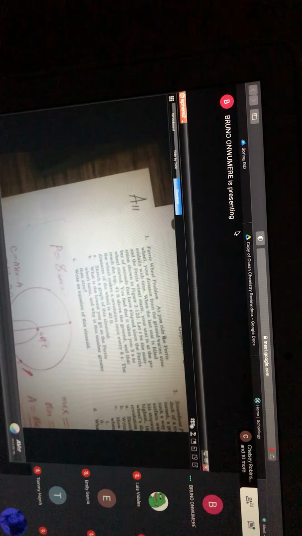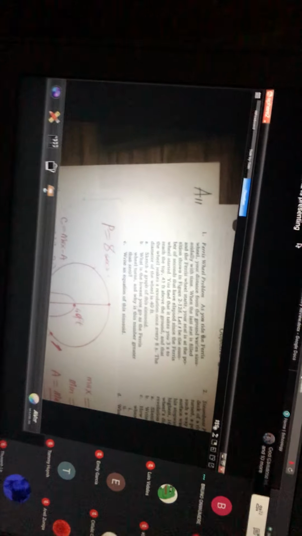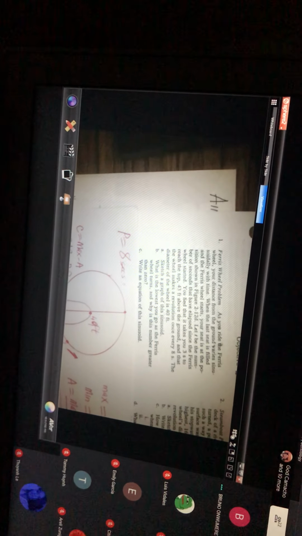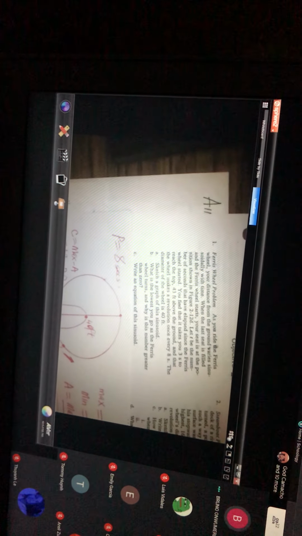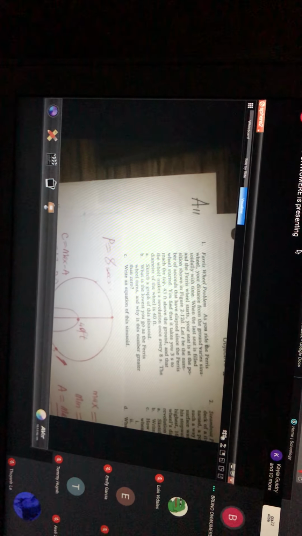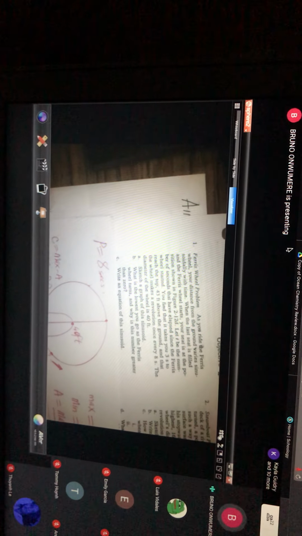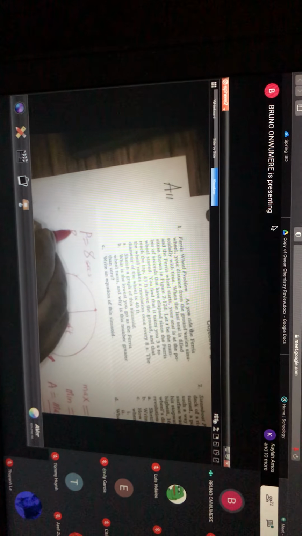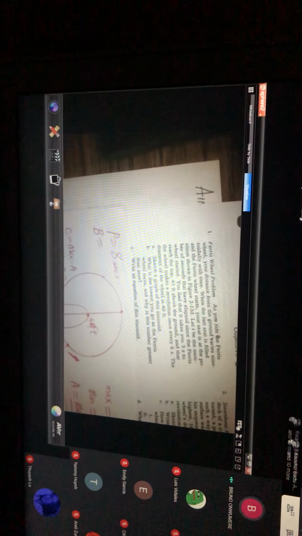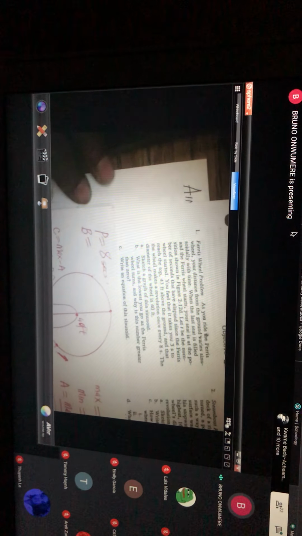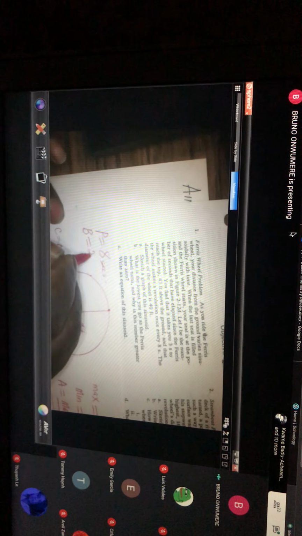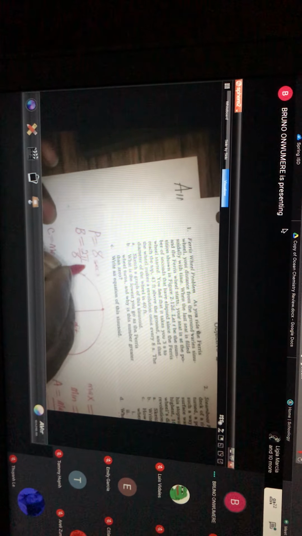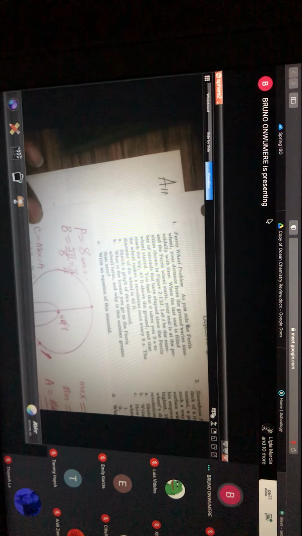It takes 8 seconds to make one complete turn, one revolution. If I have the period, I can find B. Remember, there's no degree here. Everything must be done in radians. What is B? 2 pi divided by 8, which is pi over 4. I got the B also.